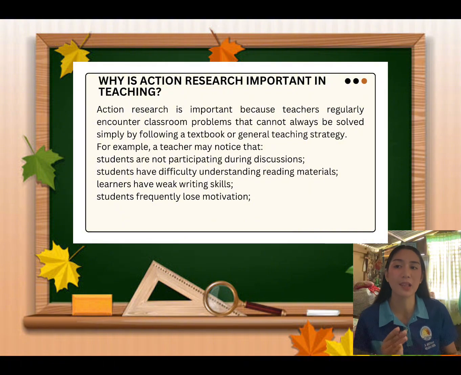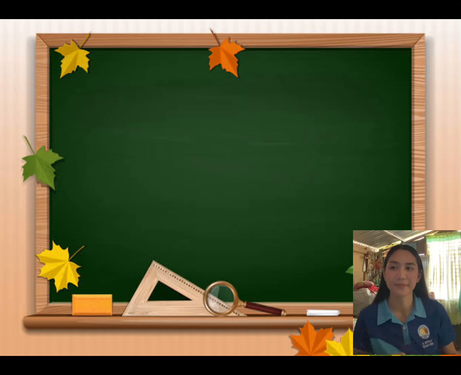Instead of immediately blaming the students, action research encourages us to ask, what evidence can I collect to understand the problem? That question is important because we do not simply assume the problem, we investigate it.